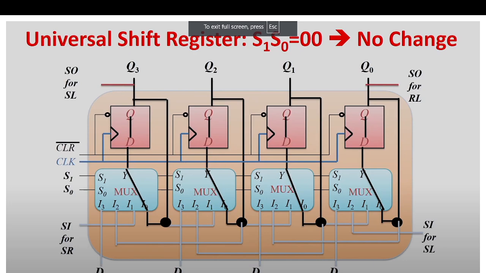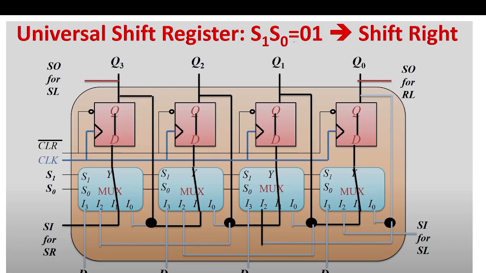So for example, in the detailed representation, with 0 0 it is no change. That means we have a feedback. And 0 1 is the right shift, so we have to go in this direction. That is, input flows from here, and this output is connected here. So in this way, we get the serial shift.